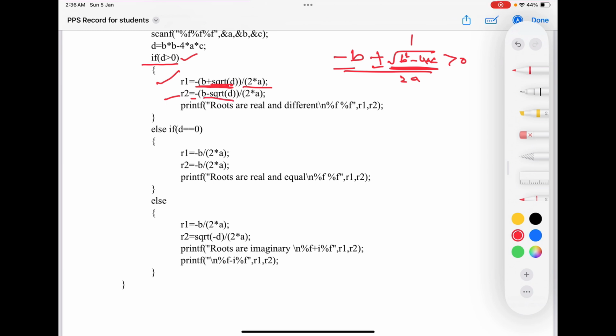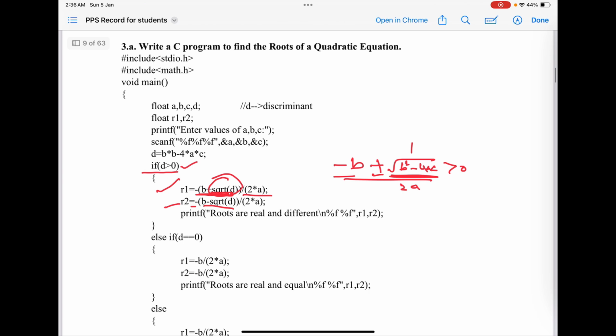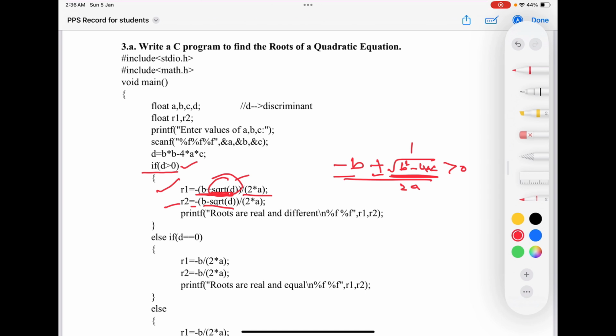Understand this: square root is a predefined function. If something is predefined, you have to tell where you are taking it from. Every predefined function is used in the program once you include the concerned header file. I am using printf and scanf, which come from stdio.h, standard input output.